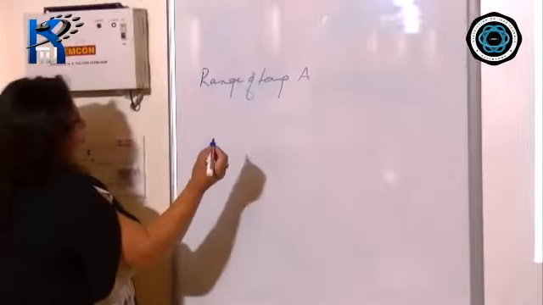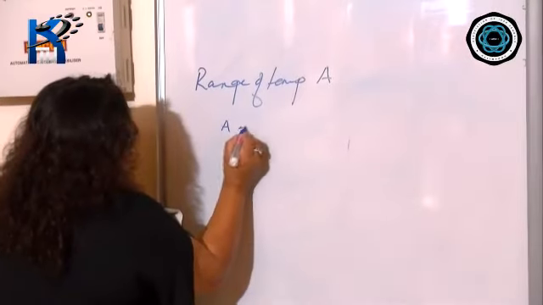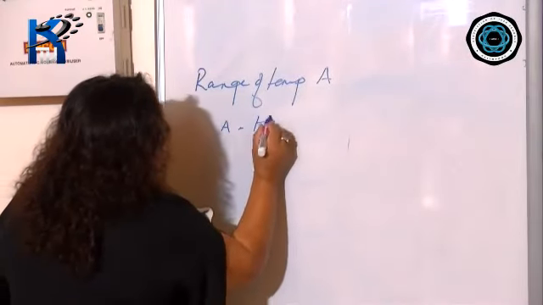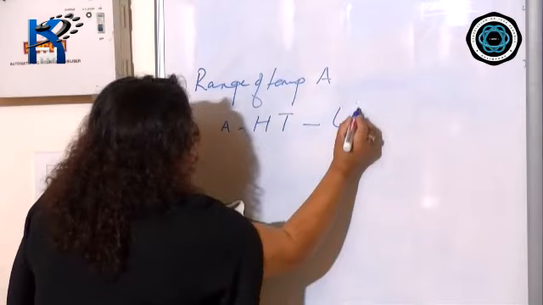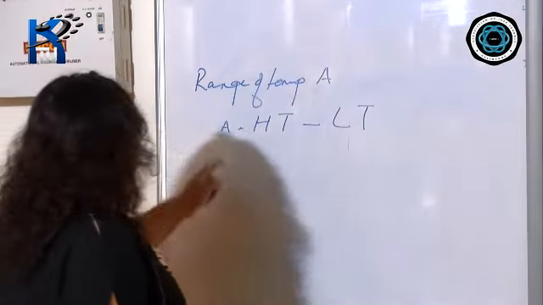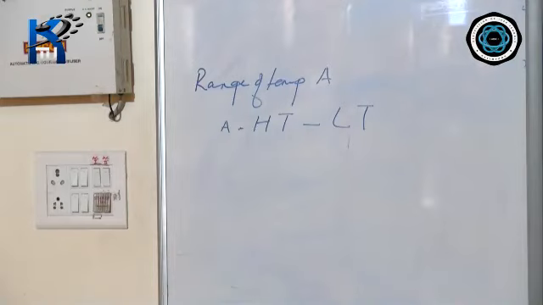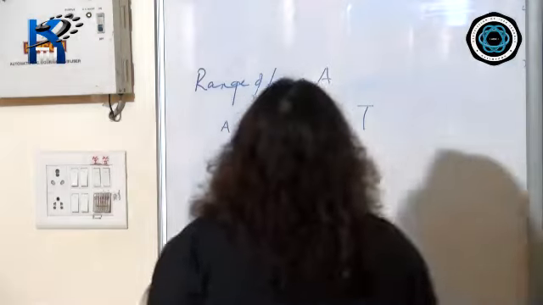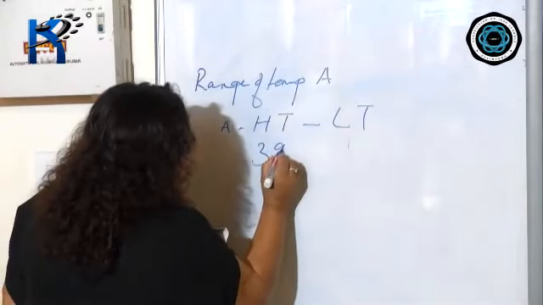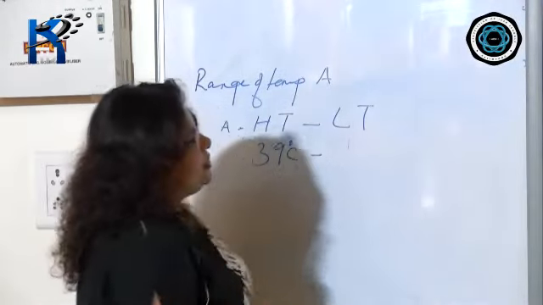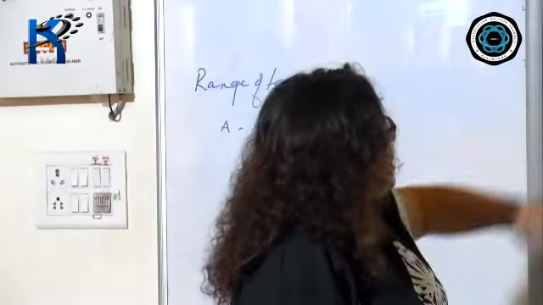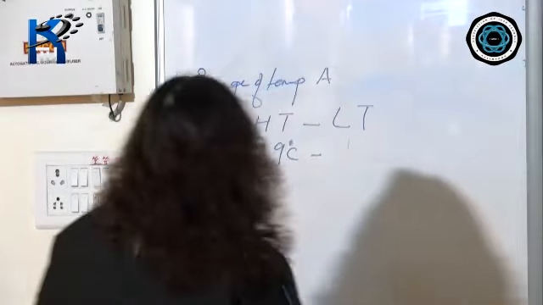Now if it is for station A, what we have to do is, for range, highest temperature minus the lowest temperature. So for station A, the highest temperature is in the month of June, 39 degrees Celsius. And the lowest temperature, I think it is January with 12 degrees Celsius.